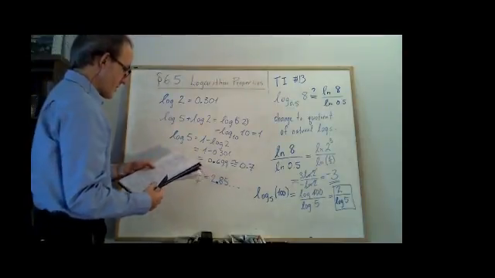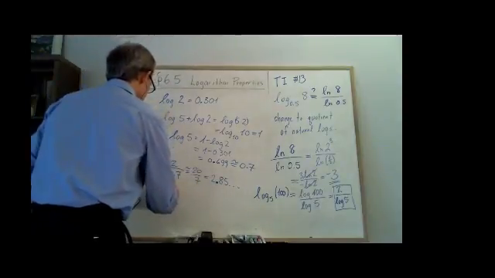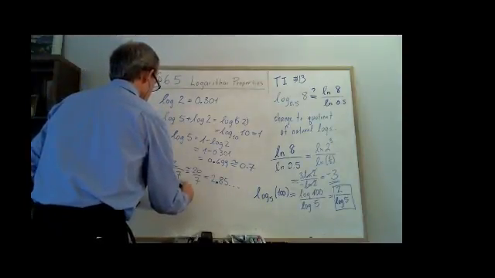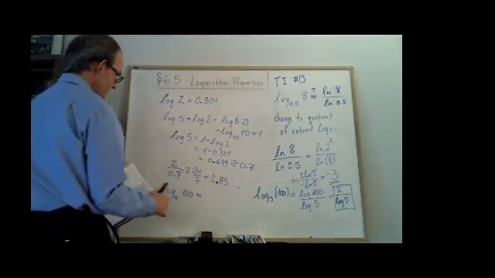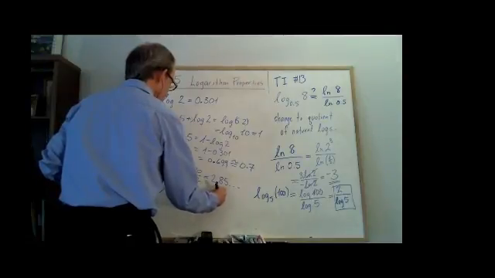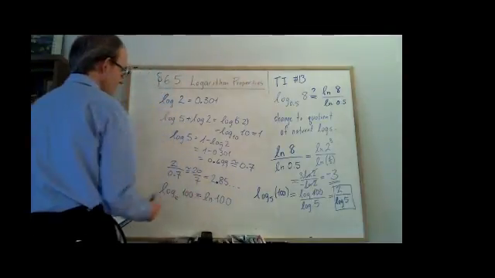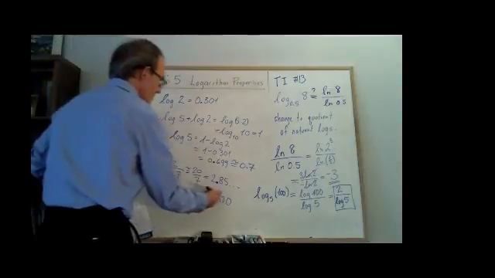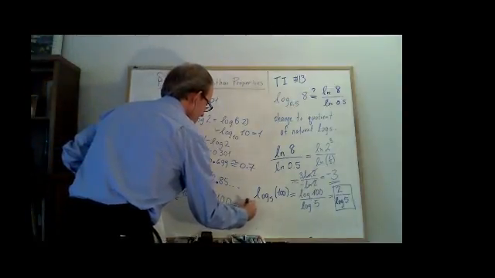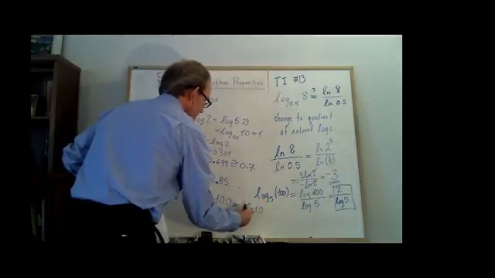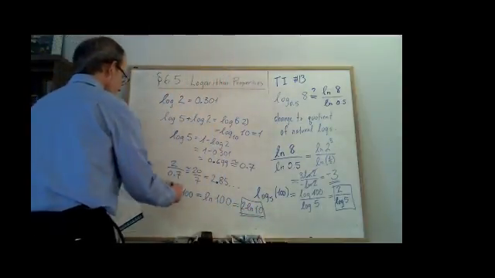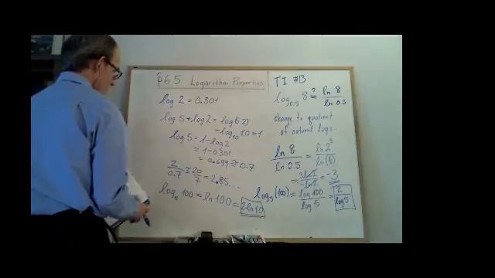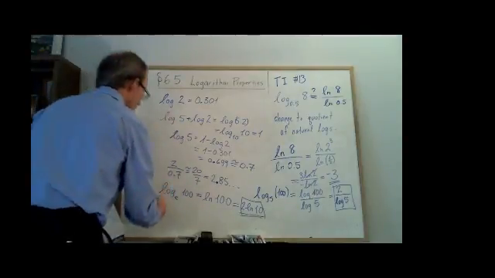Log base e of 100. Okay, well log base e is the natural logarithm, so this would become ln of 100. So I could do this using a calculator that way, or you could write this as 2 ln of 10 in a more simplified way. Or I could use this change of base.